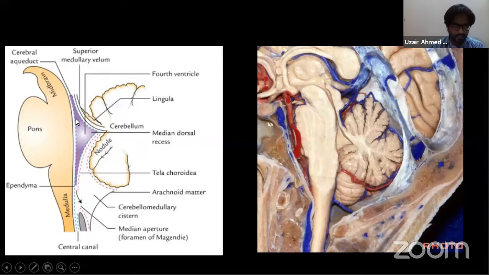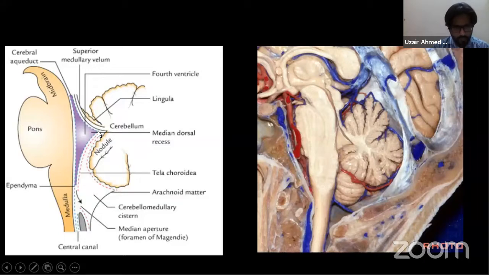We can see this triangular cavity or this tent-like cavity on the mid-sagittal section that is completely filled with the CSF, communicating superiorly with the cerebral aqueduct and communicating inferiorly with the central canal of the medulla oblongata. And we can see that the roof of this cavity is going posteriorly into a notch that is known as the cerebellar notch, or we can say that this part is the fastigium.